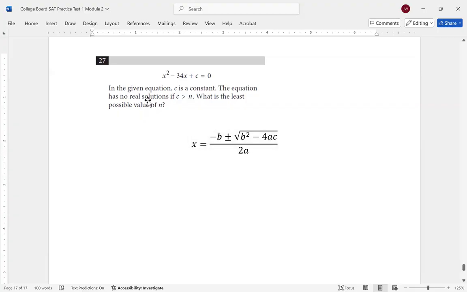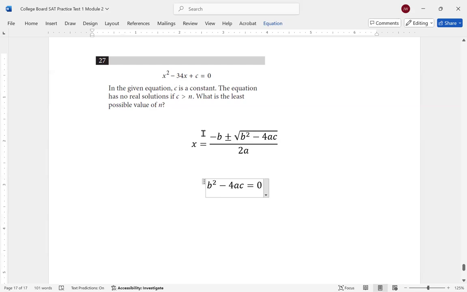No real solutions means that the value inside the square root turns out to be negative. So we need to figure out when this value inside the square root turns from positive to negative. Let's just figure out where it is 0, and that will be the place where it turns from positive to negative.